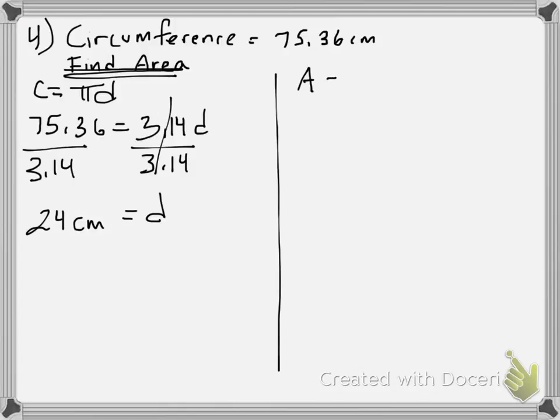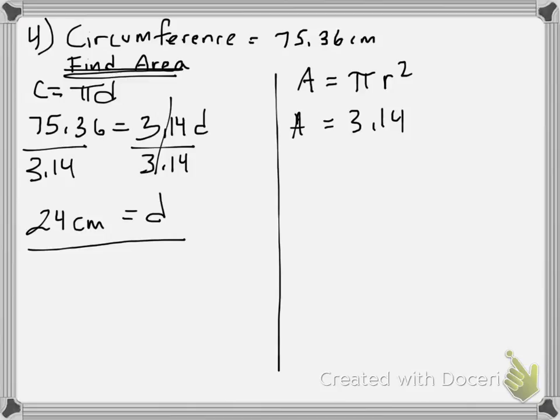So area is equal to pi times the radius squared. So we know pi, of course, we're going to use 3.14. Now what about the radius squared? Well, remember, here's the diameter. The diameter is all the way across the circle.